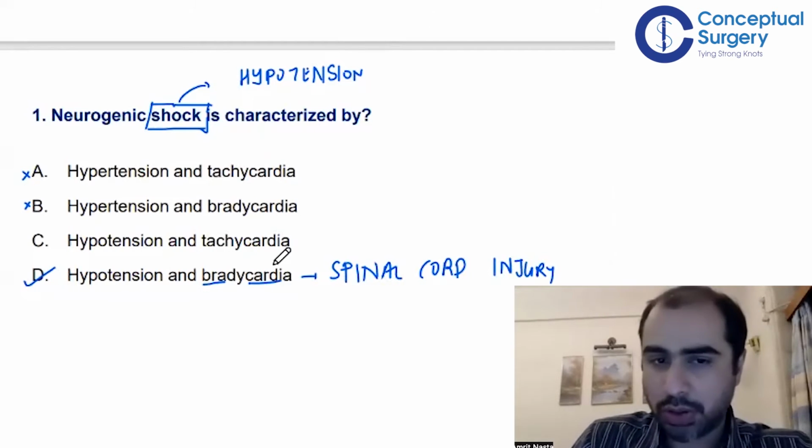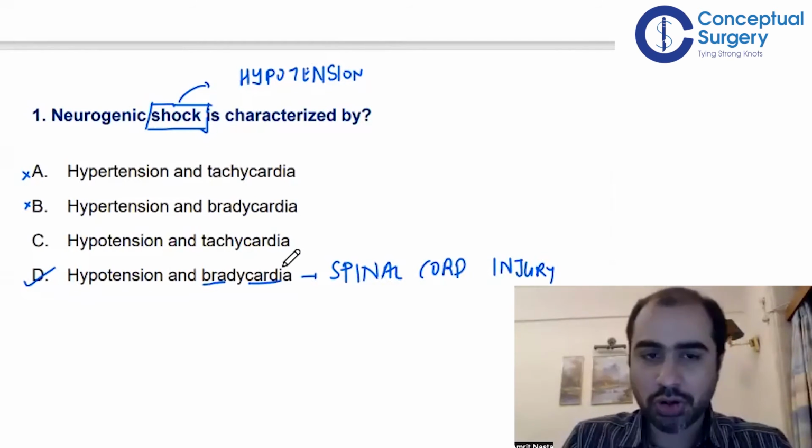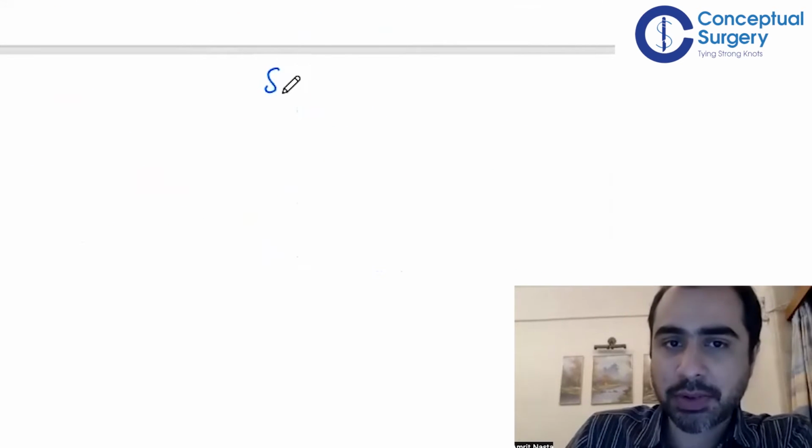That is neurogenic shock. In what category of shock does neurogenic shock come? Like if I ask you what are the different types of shock, there are two main groups.